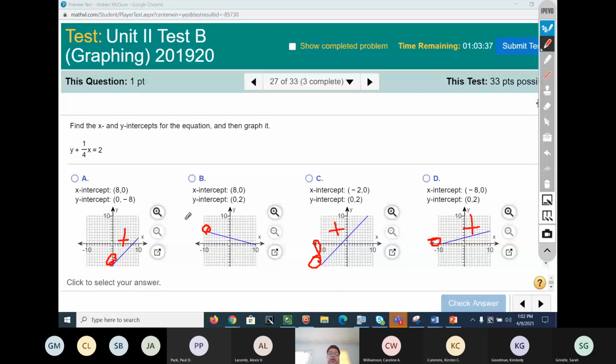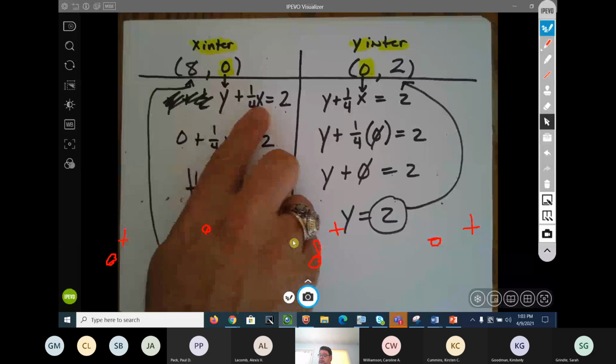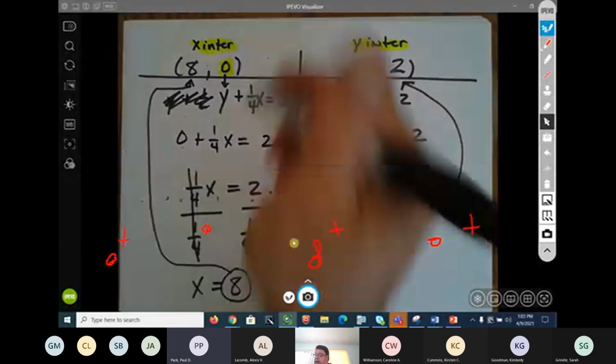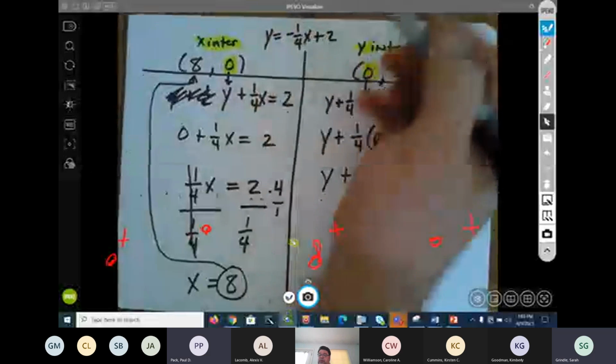The only one that's negative is here, and a lot of people say, well, how'd you get negative? Well, I'll show you. This is the easiest way to do this problem. If I solve this equation for y, I would get y is equal to negative 1/4 x plus 2.